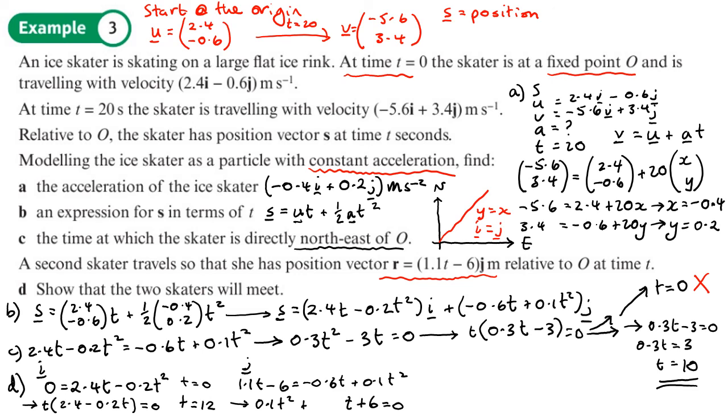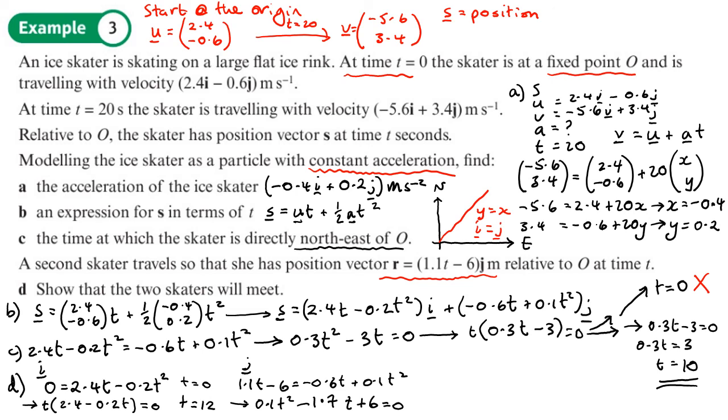And I'm doing this on the calculator because I don't trust myself, and I get negative 1.7. So here I should have negative 1.7t. Right, so now we will solve that, and I'm going to use the calculator to do that.